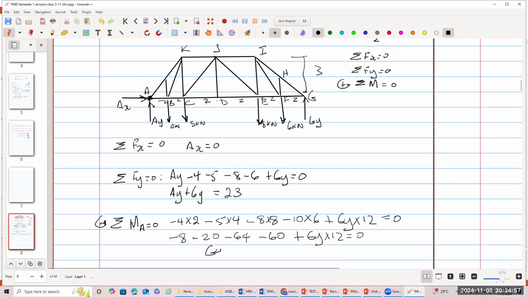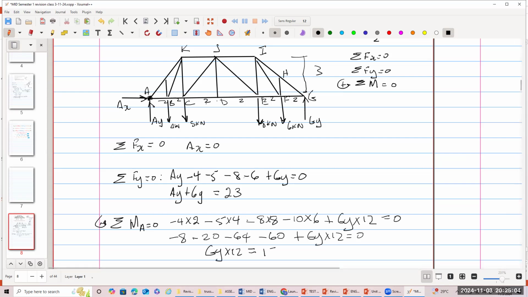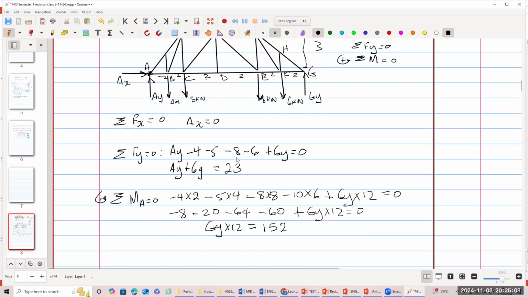So GY, hello? Someone said something? No, sir. All right, everybody get that? So therefore, GY is equals to 152 divided by 12.